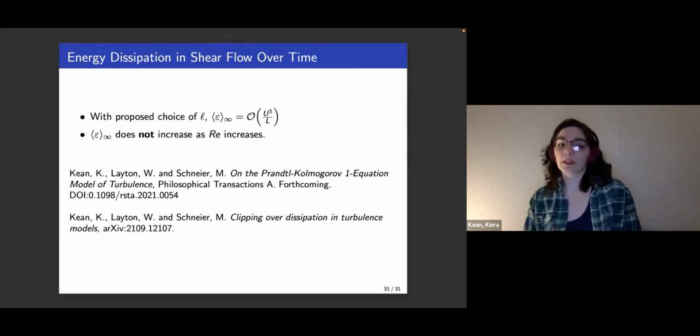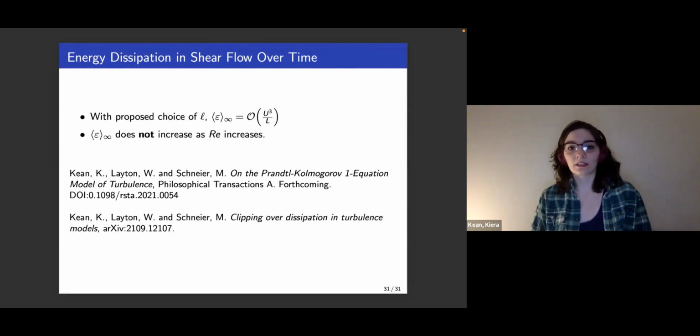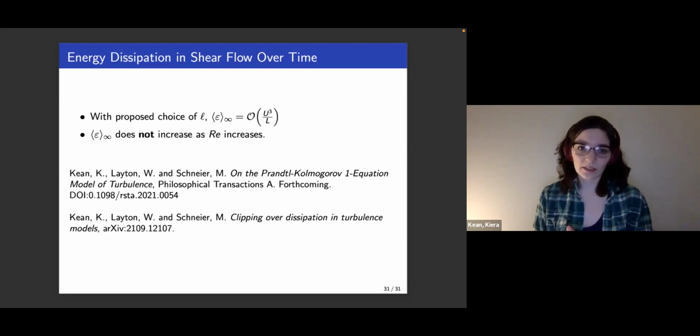But again, overall, with the proposed choice of L, we did show that the energy dissipation rate did have this U-cubed scaling overall we would expect, and that the energy dissipation rate did not increase as the Reynolds number increased, which we saw supported in our numerical tests.